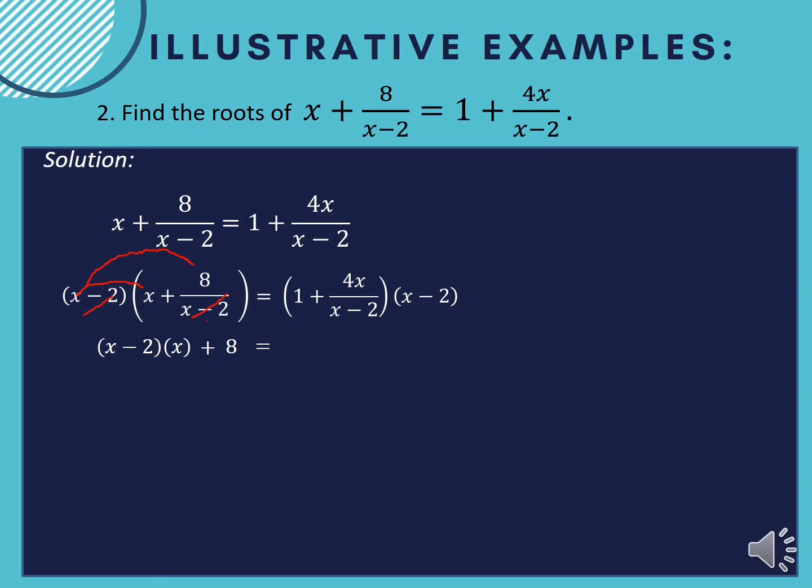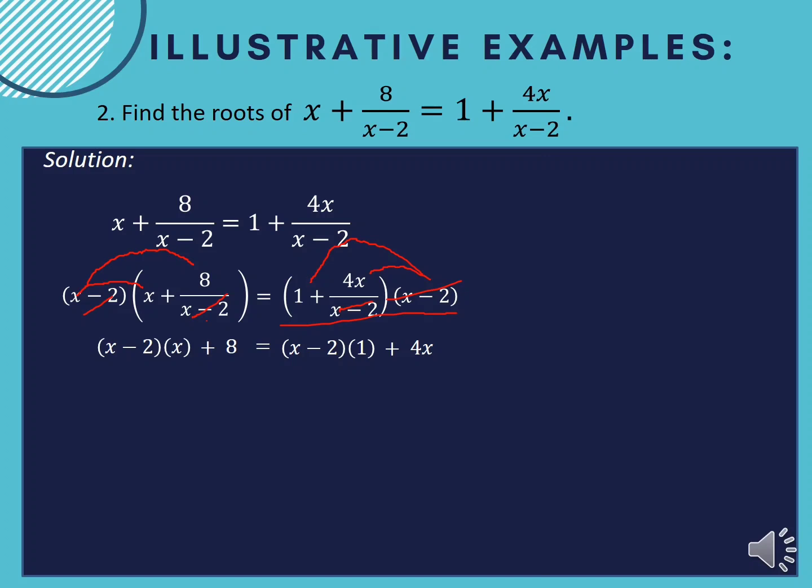And then, let us proceed to the second side of our equation. So, (x - 2) times 1, we have (x - 2) times 1. And then, 4x/(x - 2) times (x - 2). Since this is a fraction, we can cancel these two. What is left is 4x, so we have positive 4x.